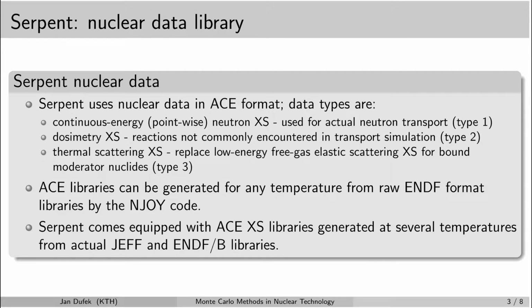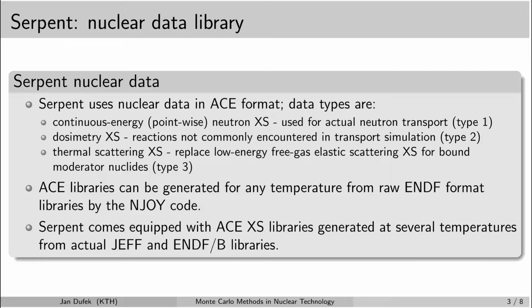The thermal scattering cross-sections are compiled for specific materials, not for specific nuclides, and this is because the chemical bond in the molecules is important for these materials for low energy reactions where the neutrons are basically thermalized already.